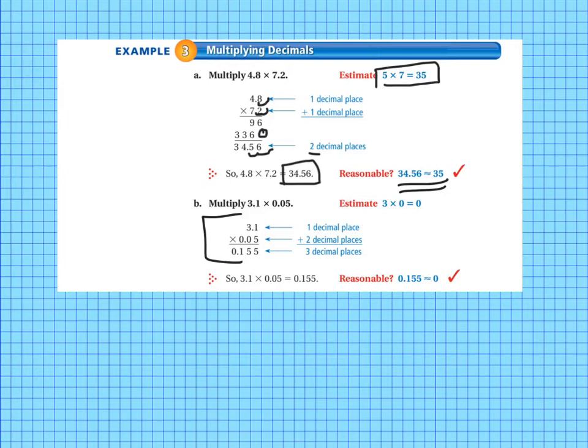So we could stop there, and then we add our decimal places. 1 on the top, 2 on the bottom, so that's 3 total. So we have 0.155, and our estimate was 3 times 0. So as you can see, that's reasonable.